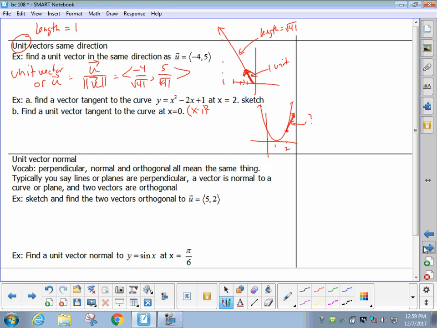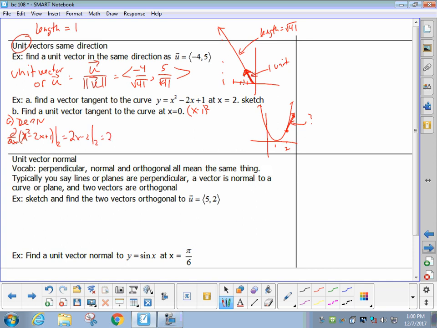What's that, yeah? What do you reckon we should do first? Yeah, we want the direction, which is determined by the derivative. So if I take the derivative of x squared minus 2x plus 1 at 2, that's 2x minus 2 at 2, which is 2, okay?